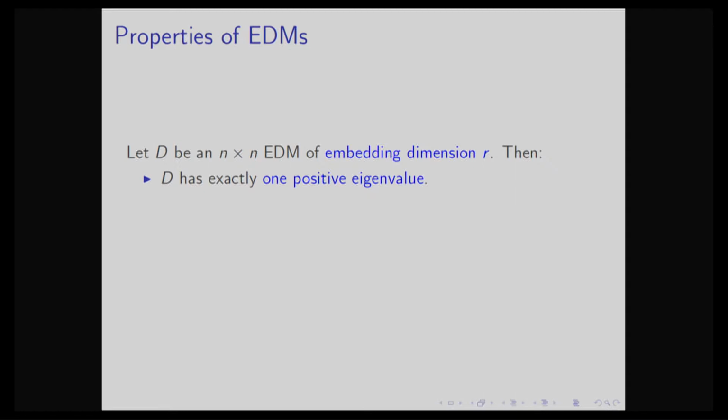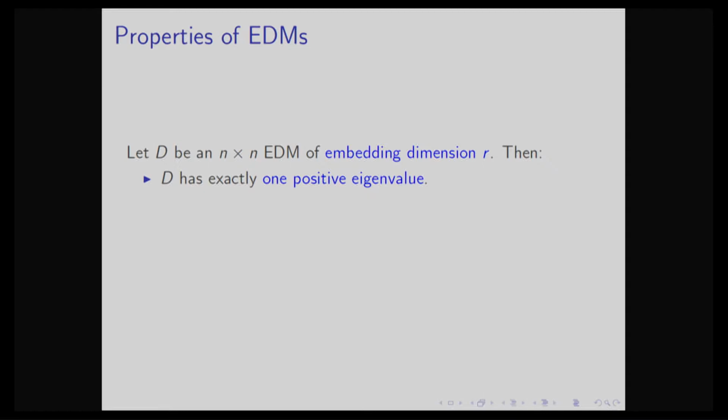Okay, now we can discuss the properties of EDMs. So what are the properties of EDMs? The first property is that an EDM has exactly one positive eigenvalue. Okay, it has exactly one positive eigenvalue, and that's not difficult to see because it's negative semi-definite on the complement of E, which means it has at most one positive eigenvalue.